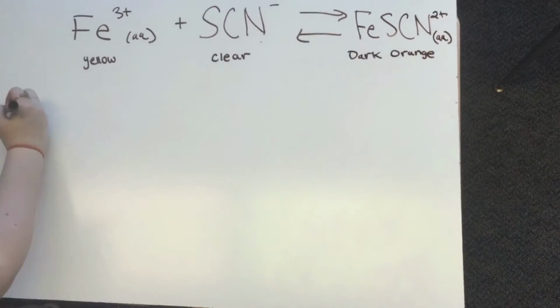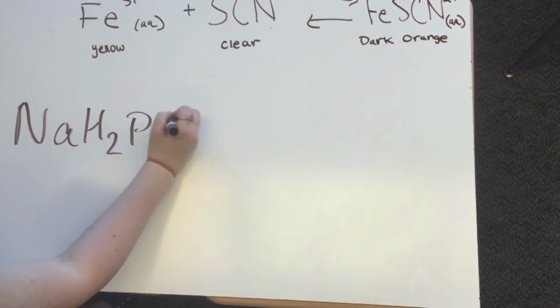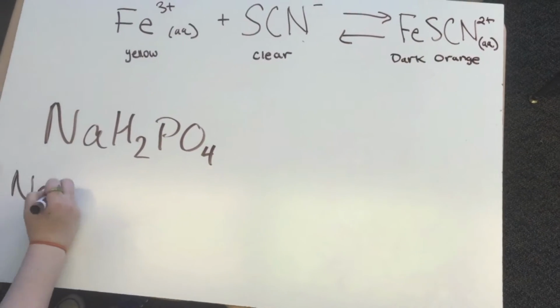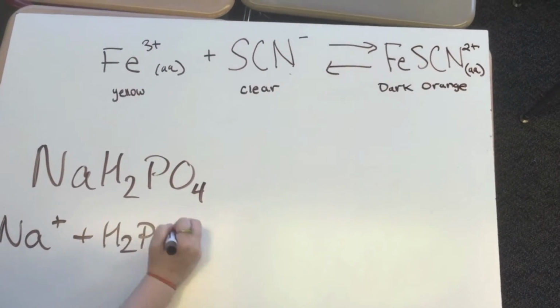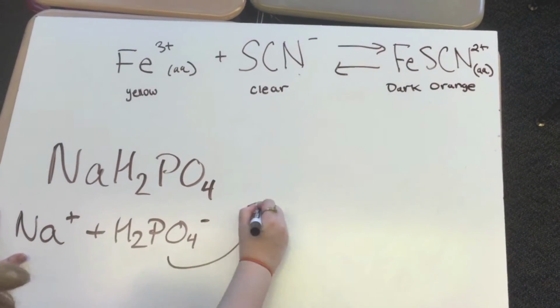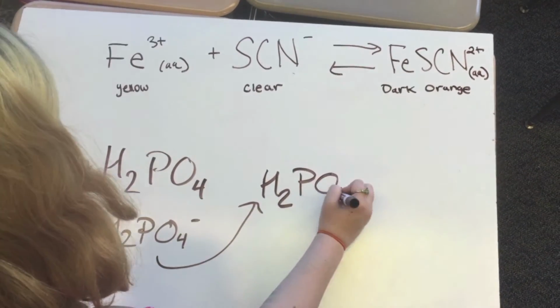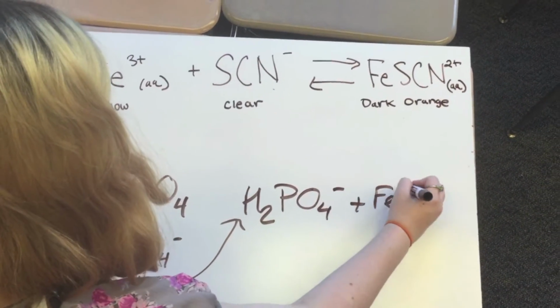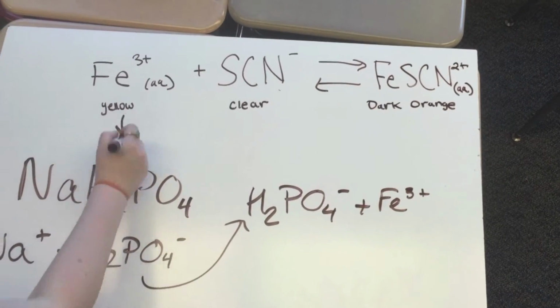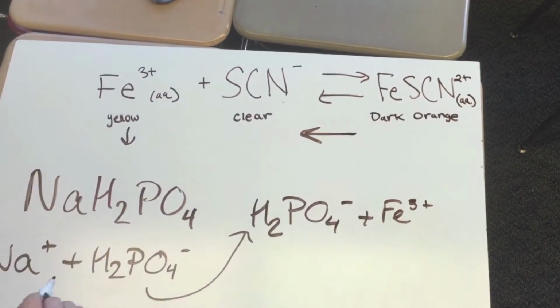We added sodium phosphate monobasic crystals, which dissociated into sodium ions and H2PO4 ions. The H2PO4 ions combine with the iron ions in solution, decreasing the concentration of iron ions, shifting the reaction left, creating a clearer color.